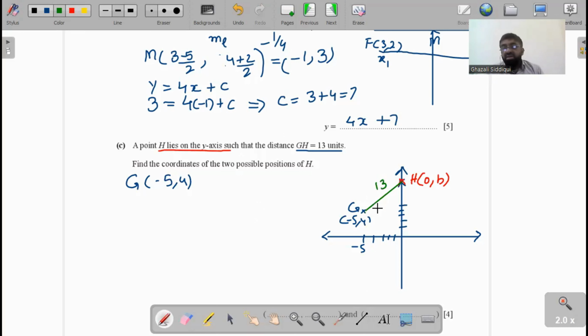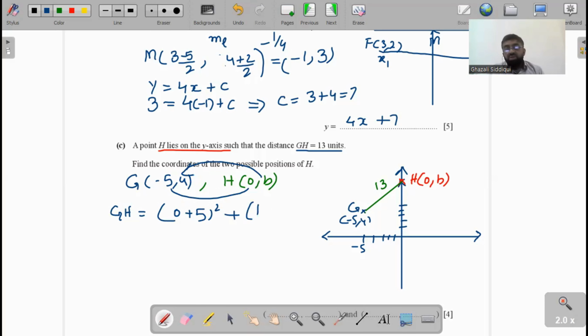To find b, we use the distance formula here again. We write that H is (0, b). Now GH will be equal to the square root of (0 plus 5) whole squared plus (b minus 4) whole squared.